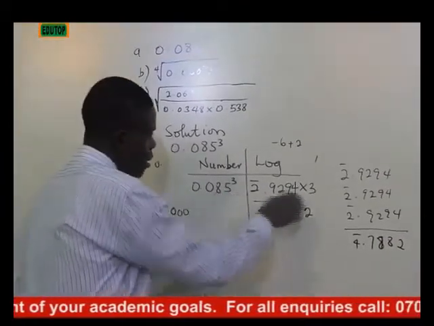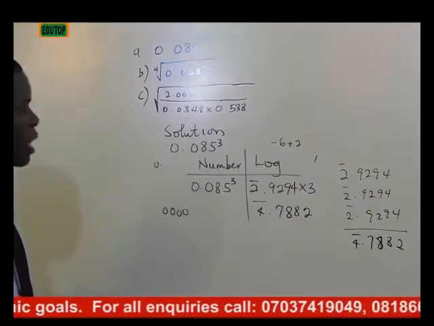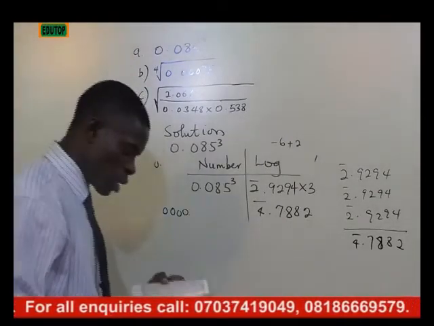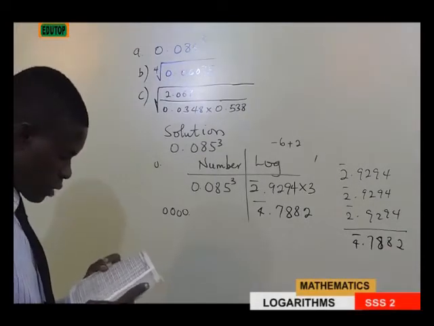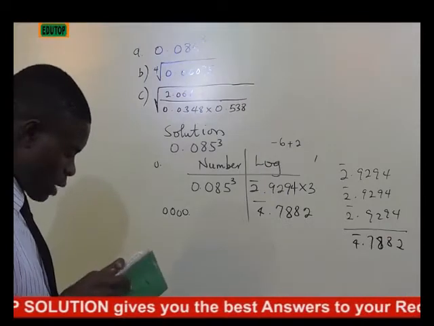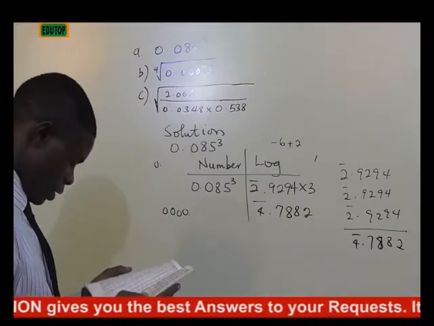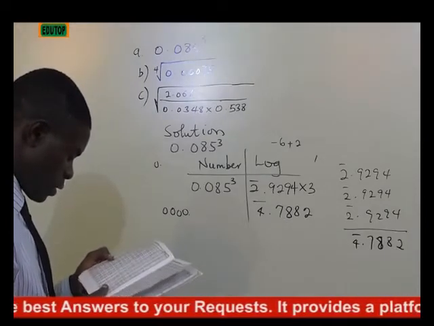Then raised to power 3, you multiply by 3 and you have this. So we go to our antilog of numbers and check for 78 under 8.